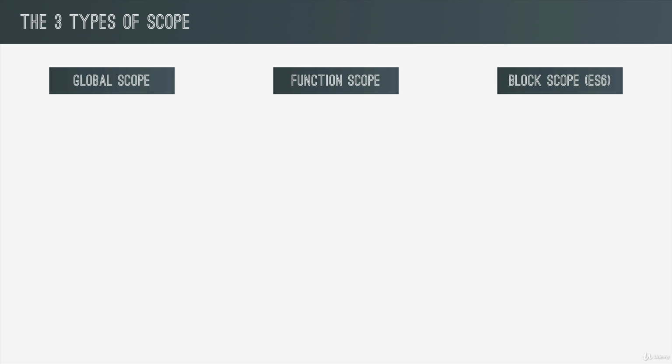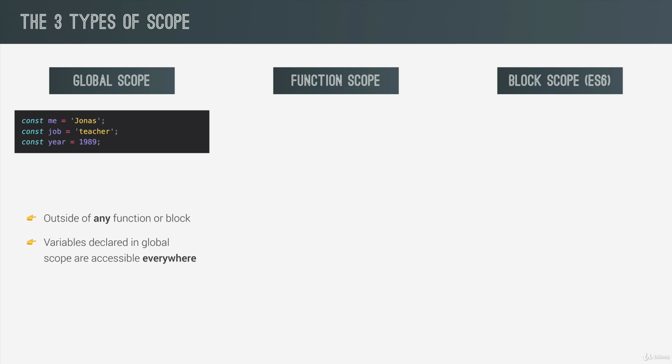Because in the end, functions are just values that are stored in variables. So first, the global scope is once more for top-level code. So this is for variables that are declared outside of any function or block. These variables will be accessible everywhere in our program, in all functions and all blocks.